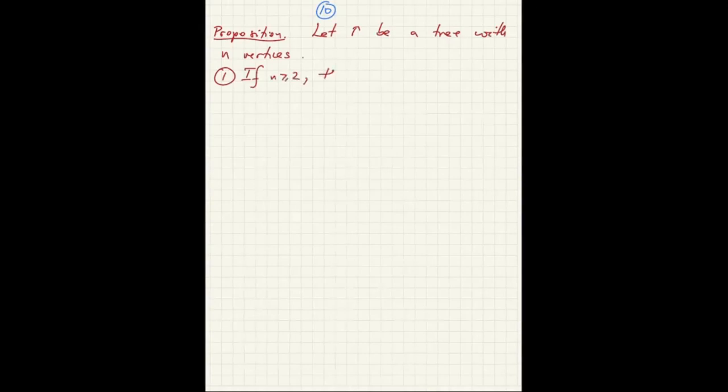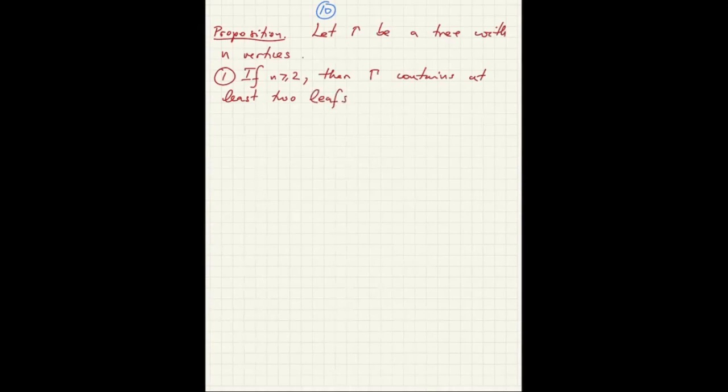So let's start with some easy things. Proposition: let gamma be a tree with n vertices. Then 1, if n is greater or equal to 2, then gamma contains at least 2 leaves.